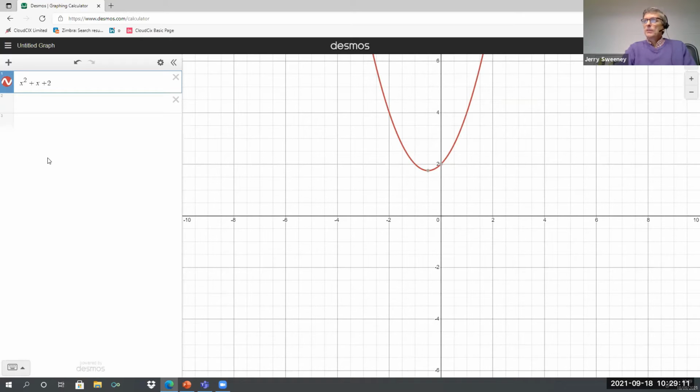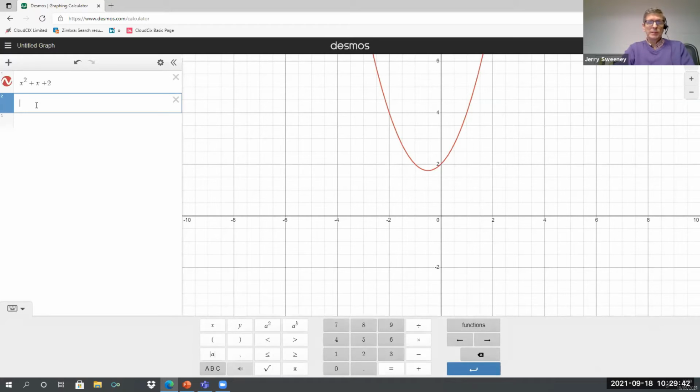So if you were to apply your formula, and this is a sneak preview of what we will be doing after the break, if you were to apply your rule for solving this type of equation for finding the roots, then b squared minus 4ac would be a negative number, and you would be looking to find the square root of a negative number, and you would have been told that that was impossible.